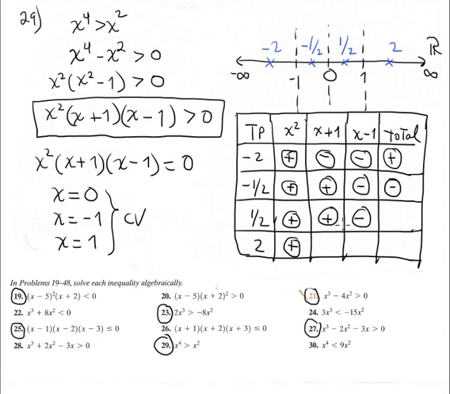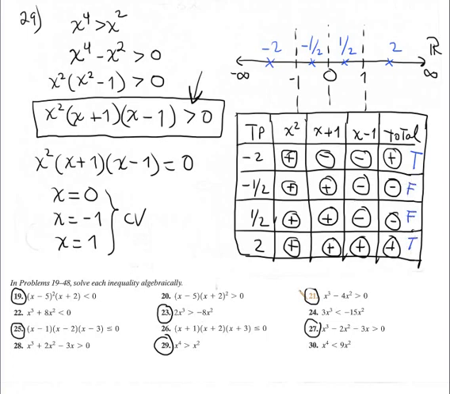Then it is negative because we have only one negative. At 2, positive and positive, so the answer is positive. This inequality is greater than 0. That means positive. So the true part is when it's positive, here and here, and this is false and false.